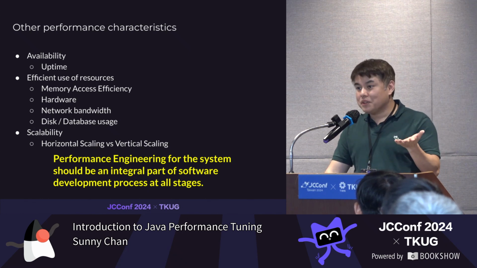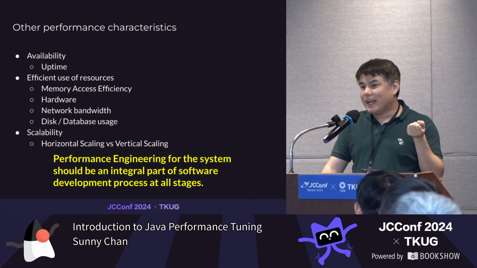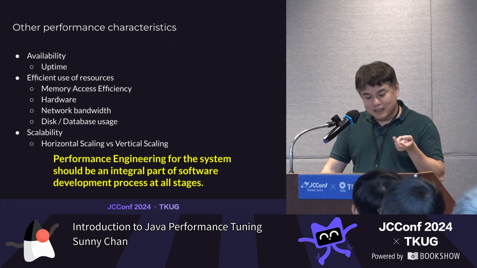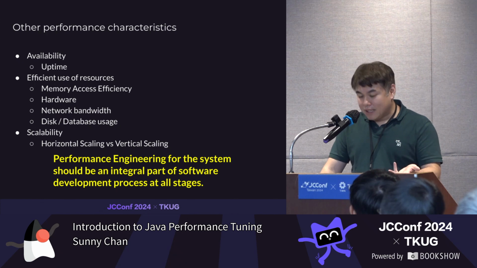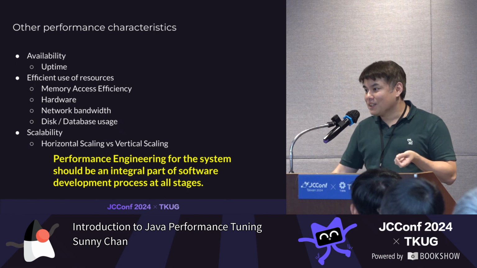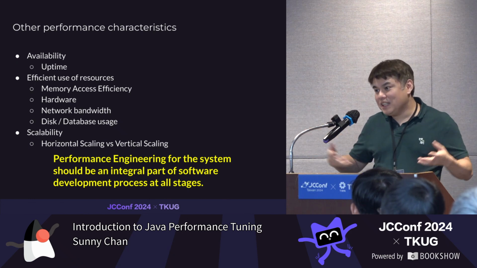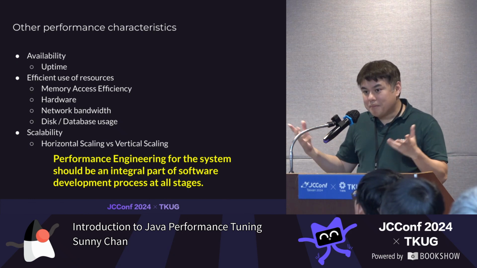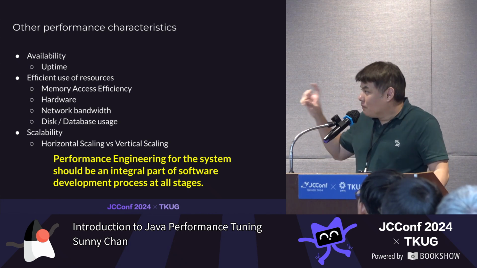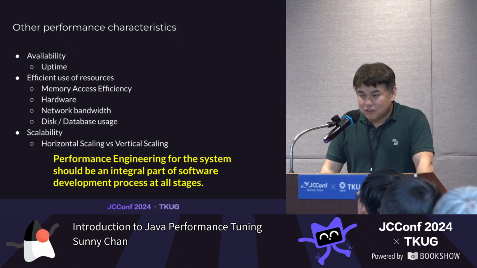And nowadays, most of your applications run on the cloud, and the cloud charges you by CPU time, by memory, by disk space. So the effective use of resources is also an important thing, because obviously that's money. If you need to use more CPU or more memory, that means your cloud bill is going to be a lot higher. So we are also concerned about the effective use of resources.